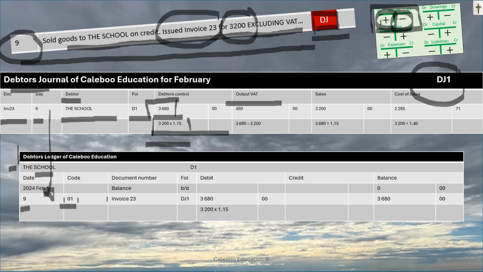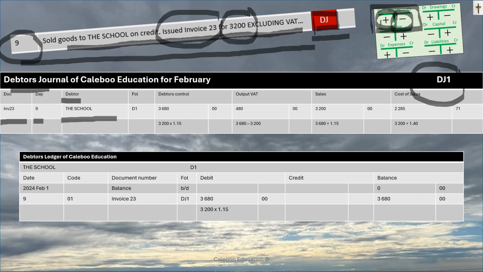So I'm just painting the picture here because I'm going to record all the transactions in the account of the school, and right from the beginning I want you to do it accurately according to the accounting rules. So I'm going to go over that. The school is an asset to Caleboo Education. The rule says an increase in assets when we make a credit sale because the school owes us more. An increase in assets, the account must be debited with the VAT included, 3680.